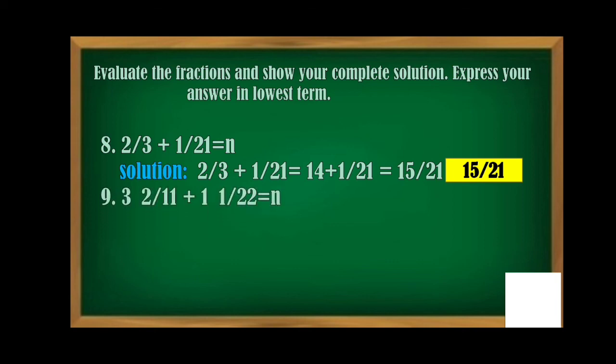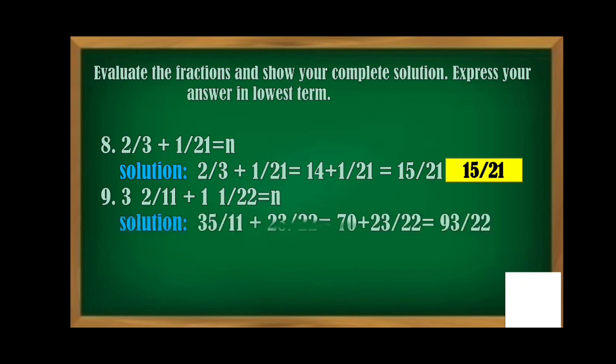For number 9, 3 and 2/11 plus 1 and 1/22 equals n. So the solution is 35/11 plus 23/22 equals 70 plus 23/22 equals 93/22. And the final answer is 4 and 5/22.